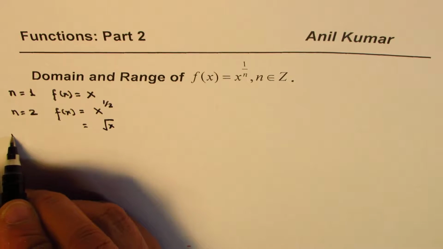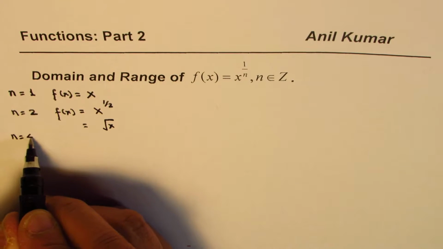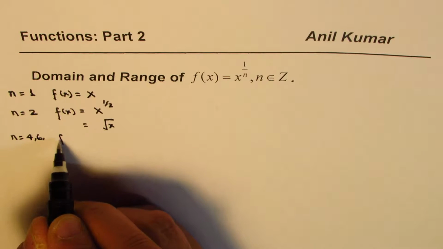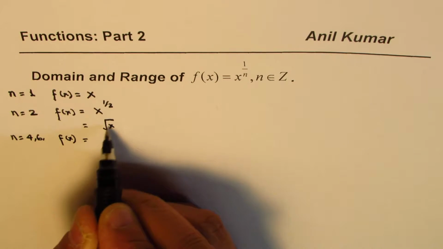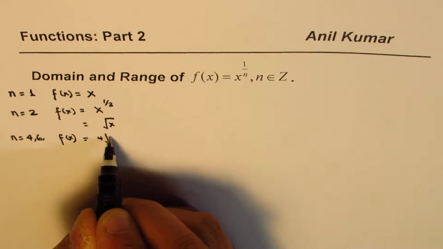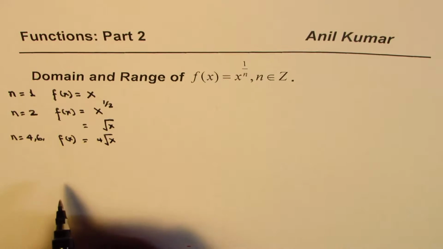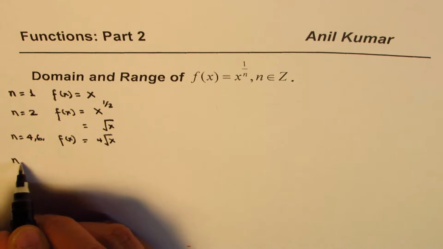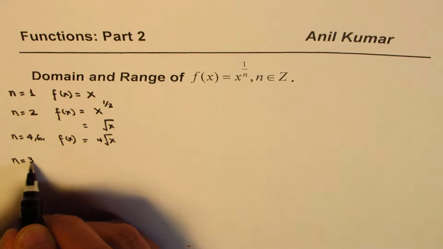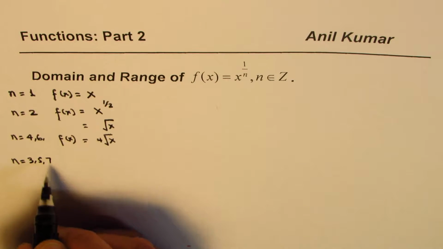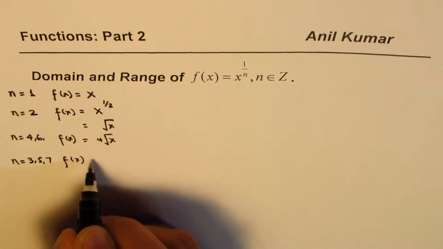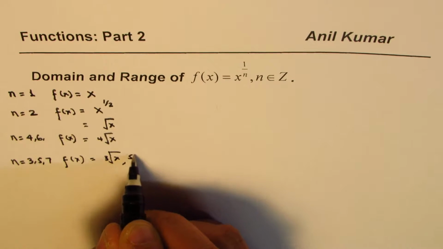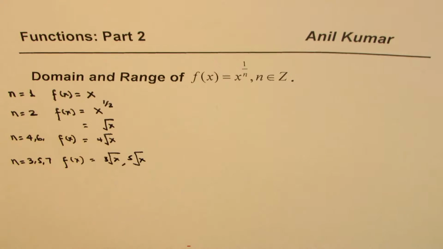Now, if I take n equals 4, 6, and so on, it will be a series similar to this. So it will be the 4th root of x and so on, correct? If n is odd, for example, if n equals 3, 5, 7 and so on, then f of x will be the cube root, or the 5th root of x.